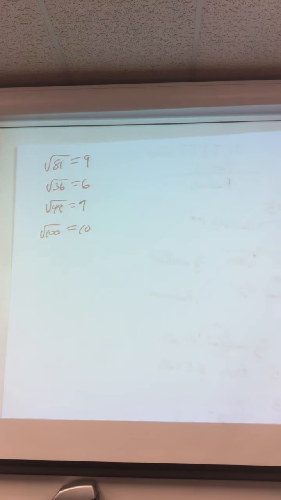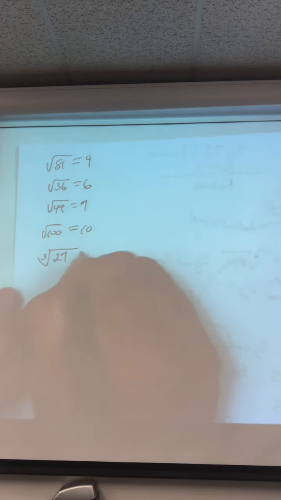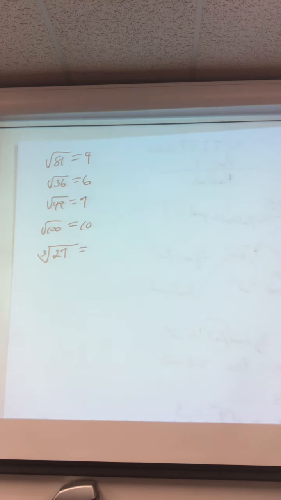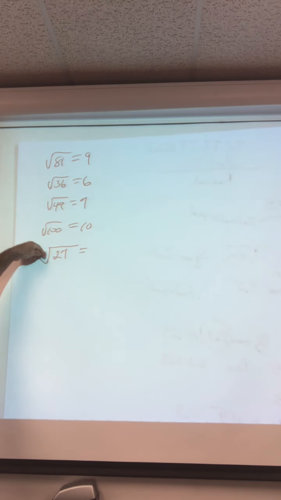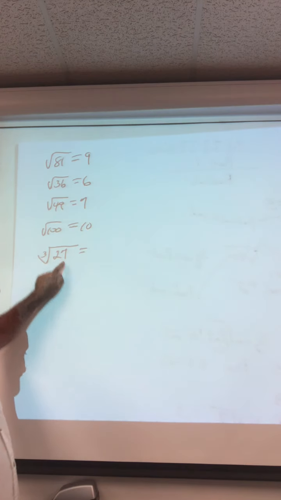Now, once again, because the index doesn't have to always be 2, if I wanted you to get the cube root of 27, and in this course you probably won't see any of these, but right here, when I read this, it is not 3 times, that 3 is sitting down in here. That's the index. So this is read cube root of 27.